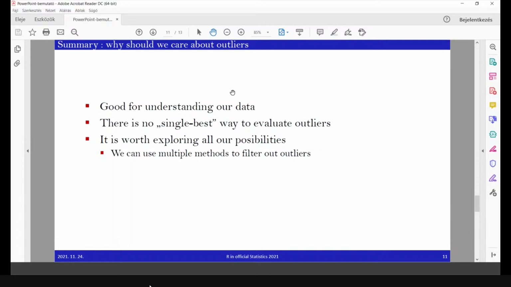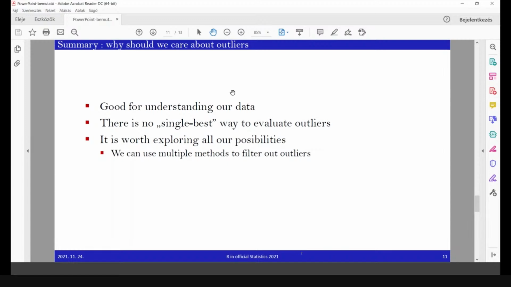I really want to emphasize that there is no single best way to evaluate outliers, at least I think, as I have read a lot about these things. It's really worth exploring many of the possibilities that we have. I want to close with this: I saw a couple of methods and applications where they calculated outliers with 3, 4, or 5 different methods.